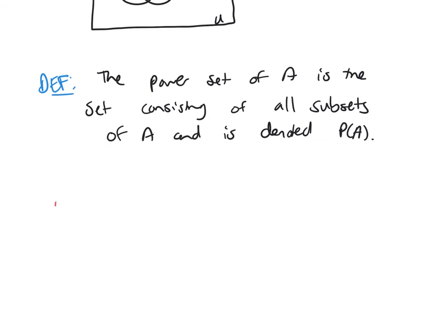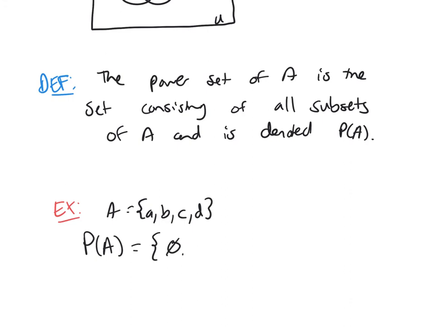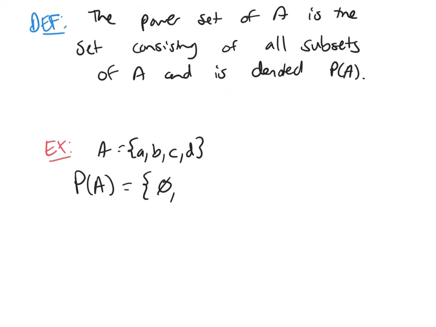Let's say my set A is going to be the set {A, B, C, D}. What would the power set of A be? Well, the empty set is always a subset of any set. And then I have subsets with just one element. So there's A, there's B, there's C, and there's D.